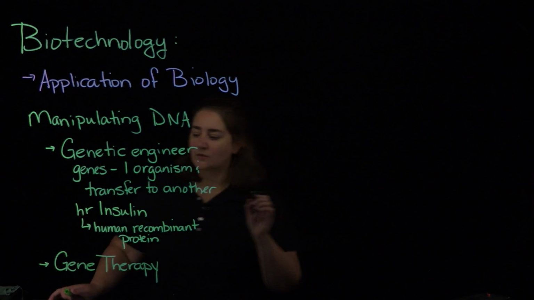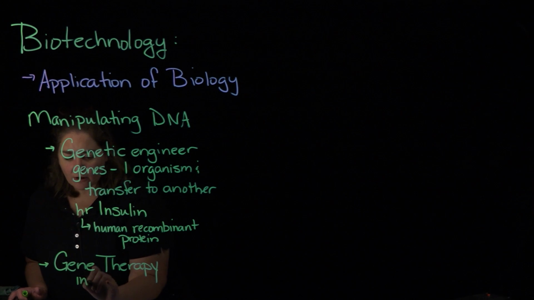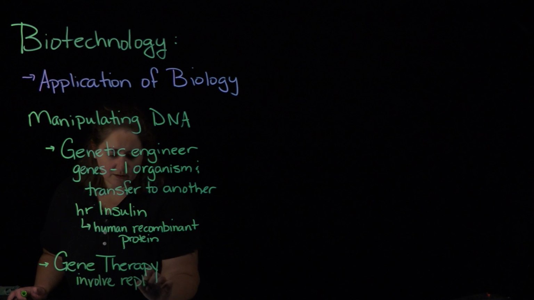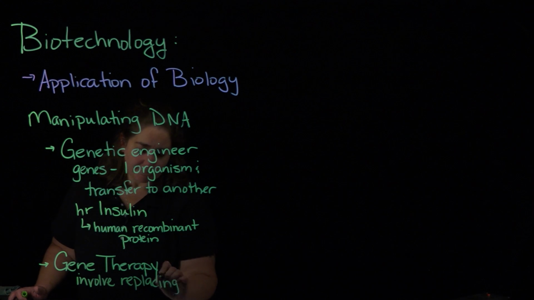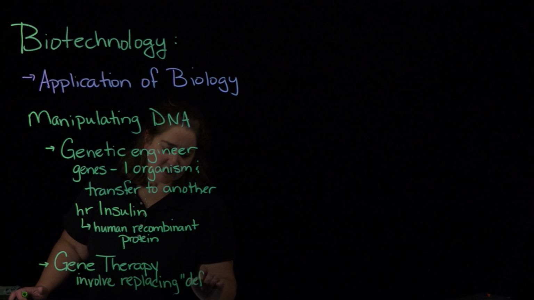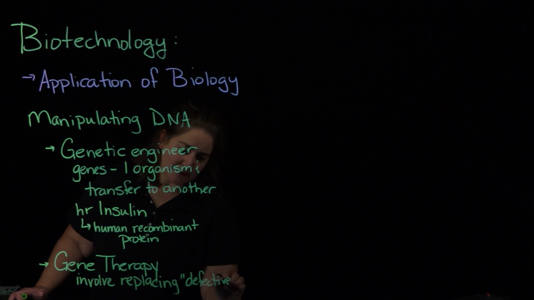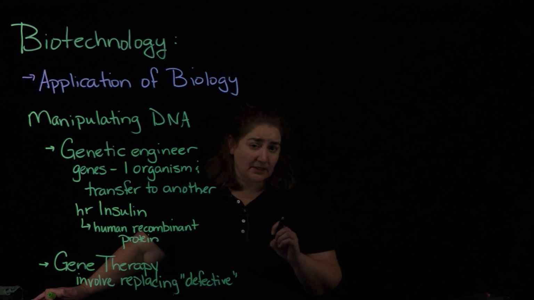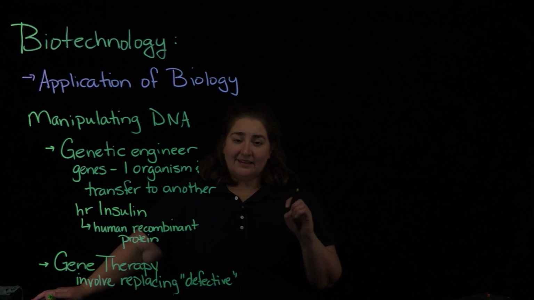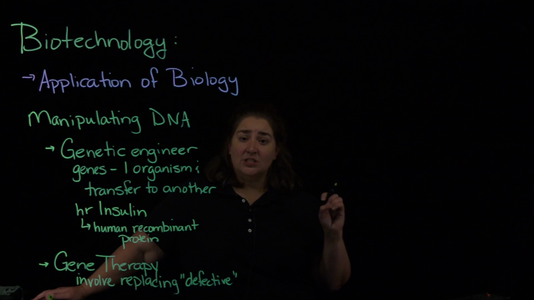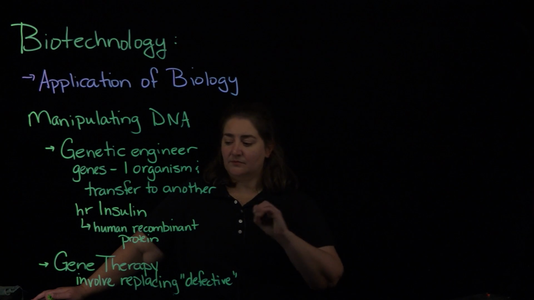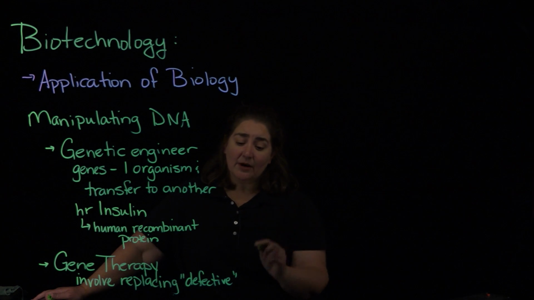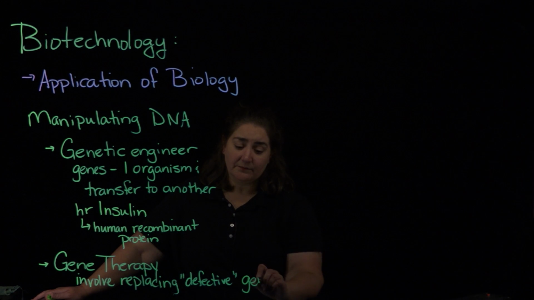Gene therapy is going to involve replacing, we'll call them defective, because right now gene therapy is only targeted at disease processes, all right? And that's less controversial than targeting gene therapy towards other processes. But for now, we're going to stick with disease processes. So we're talking about replacing defective genes.